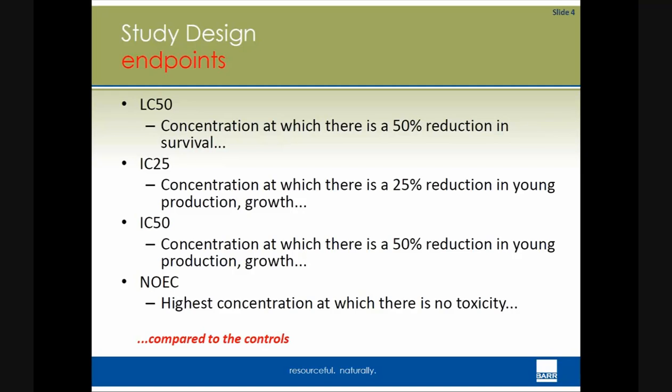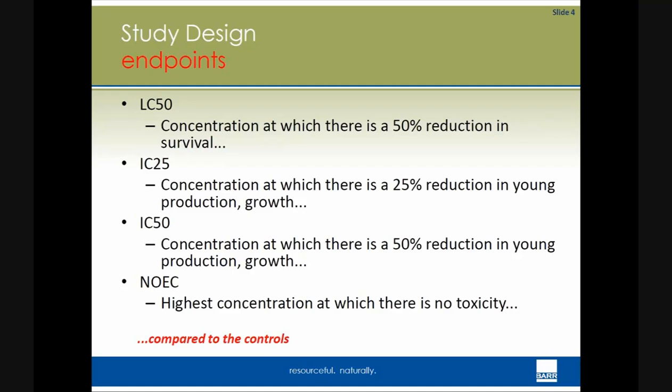We also consider the IC50, the concentration at which there's a 50% reduction in young production or growth. And then there's also a parameter we consider called the NOEC, which is the concentration at which there's no effect.